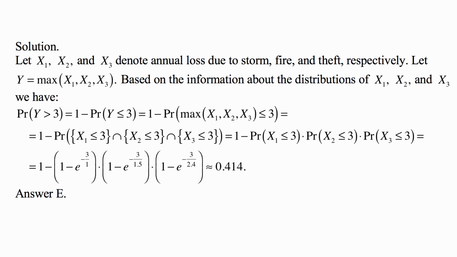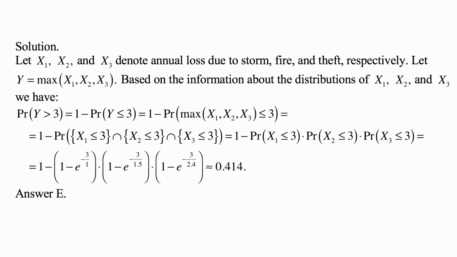But the maximum being less than or equal to 3 is equivalent to every single one of those random variables, X1, X2, and X3, being less than or equal to 3. So this is 1 minus the probability that X1 is less than or equal to 3, and X2 is less than or equal to 3, and X3 is less than or equal to 3.